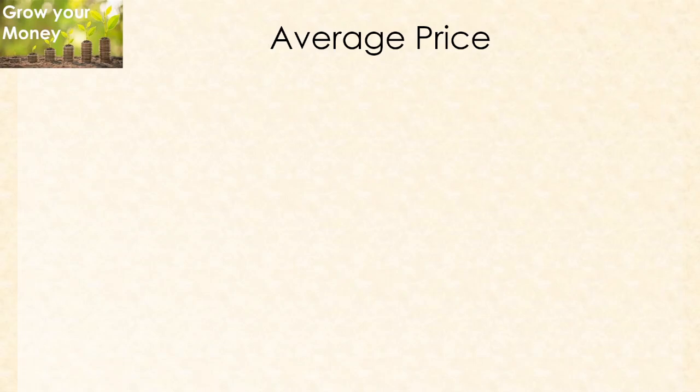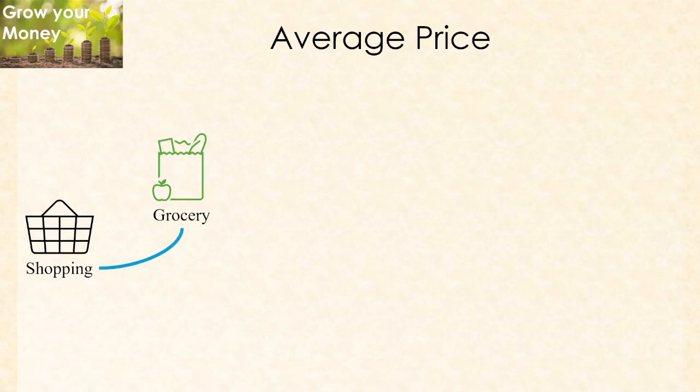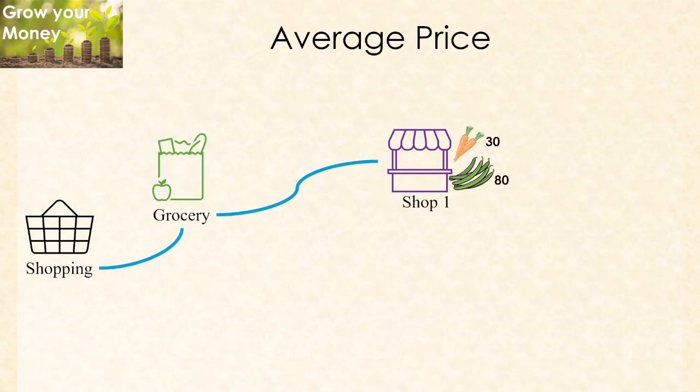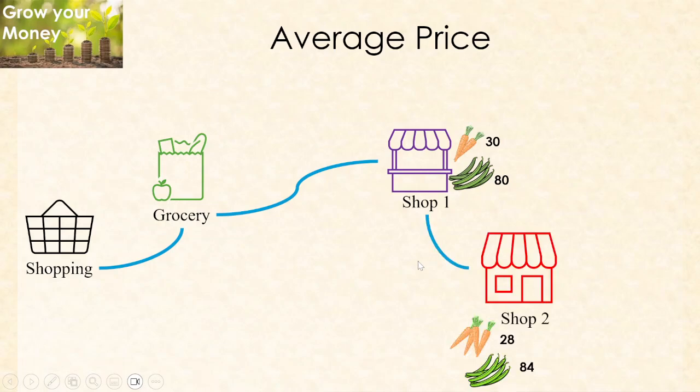Let's take a scenario where you want to buy some groceries. You go shopping and go to a shop and try to find the vegetable prices. For example, the carrot may be at 30 rupees per kg and then beans at 80. So you go to the next shop and see that shop is selling the carrot at 28 and beans at 84.